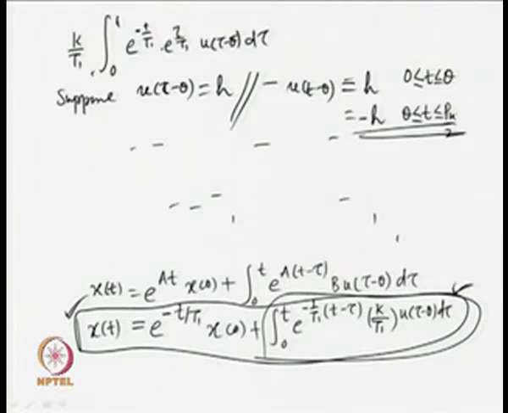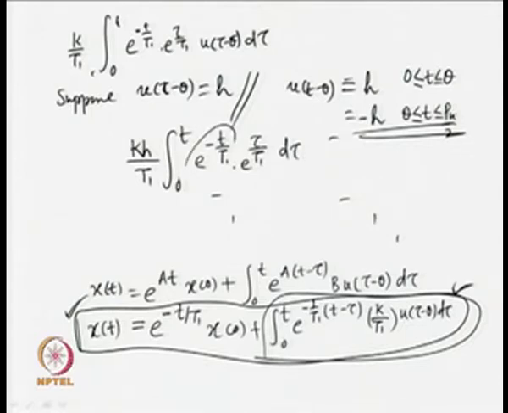So, when the input signal u(t − θ) becomes h, at that time the second part can be written as kh upon T1 integration from 0 to t of e to the power minus t upon T1 times e to the power τ upon T1 dτ.